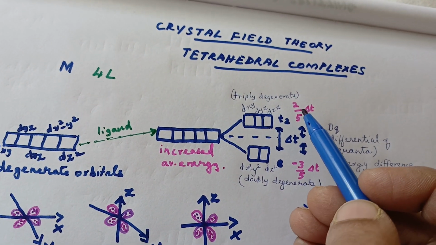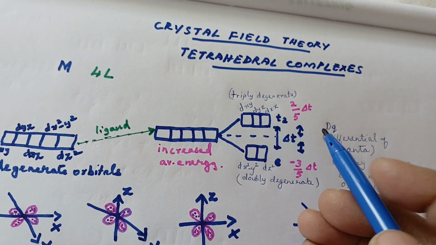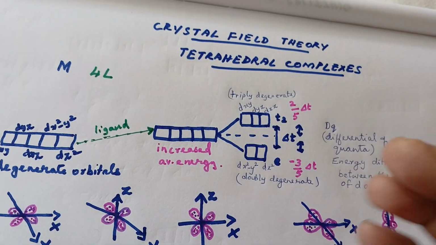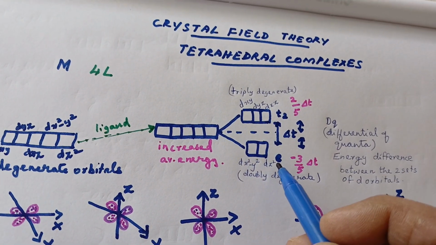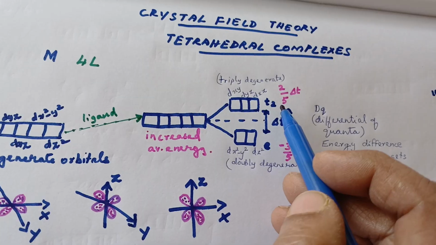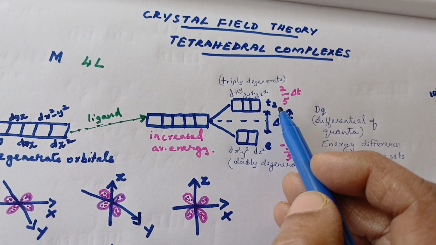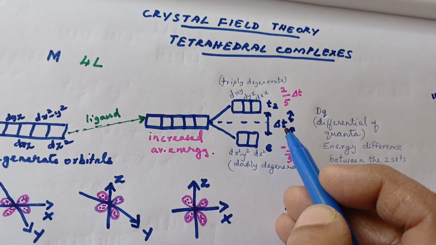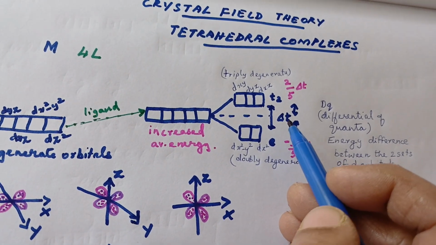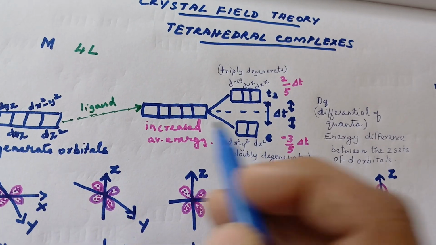Now we are assigning delta T as the unit, the separation energy between the 2 sets of orbitals. That is, the T2 set and the E set have a separation energy of delta T, where T represents tetrahedral complexes.